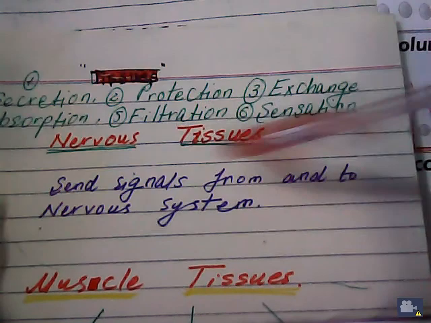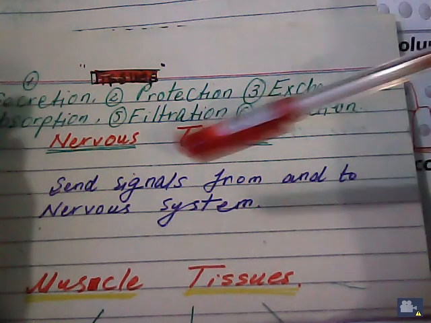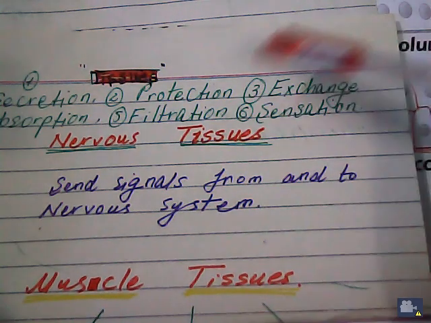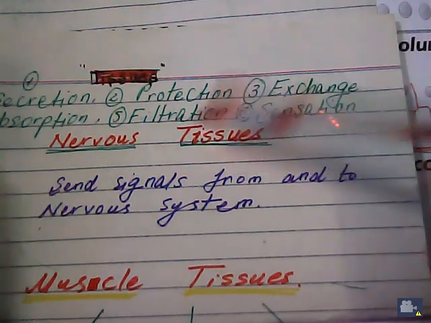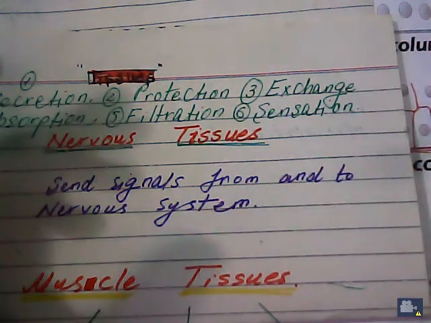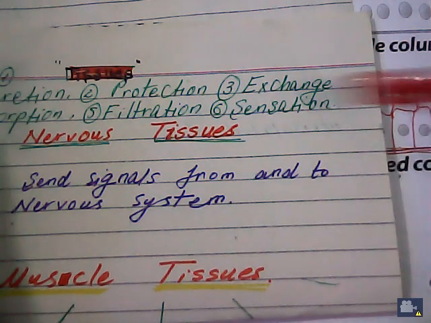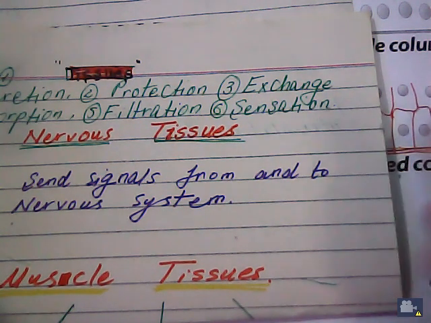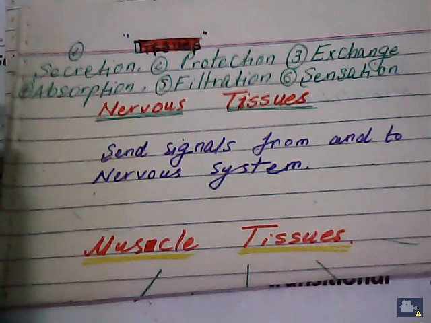In the Bowman capsule there are epithelial cells which are special, we call them podocytes. They are very important in filtering our waste product from our blood into the urine, and there is sensation, and as I told you there is a rich supply of nerves in epithelial cells.